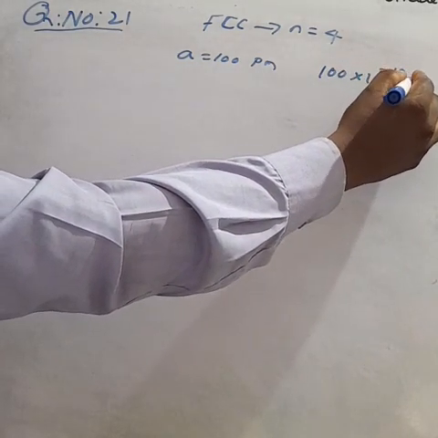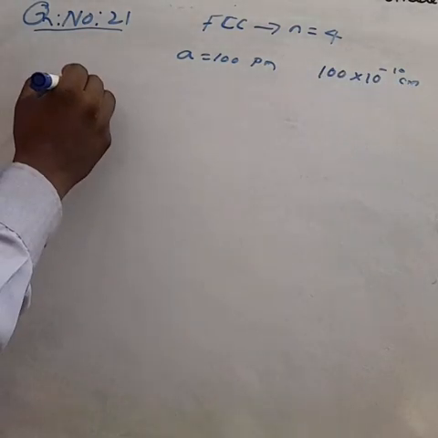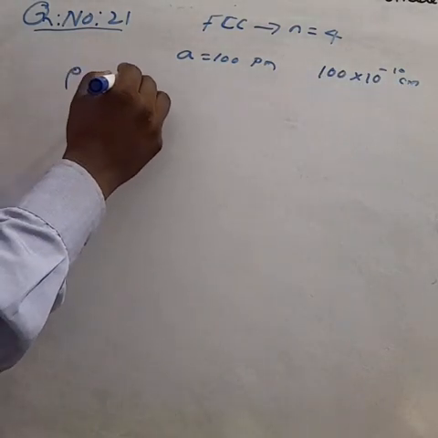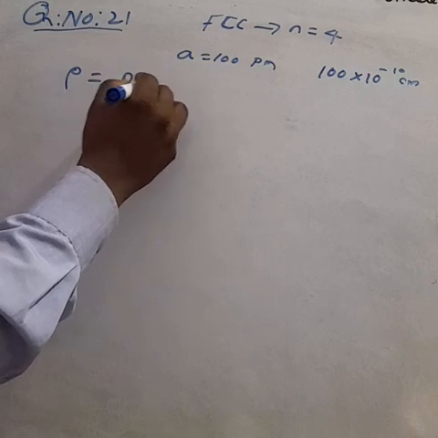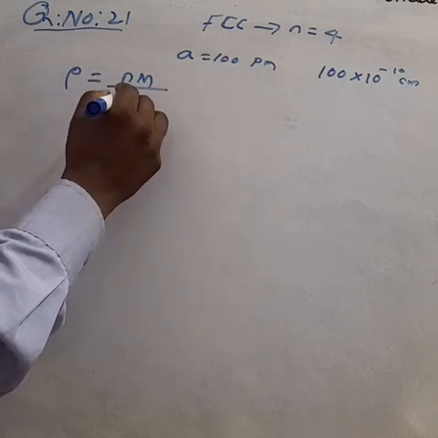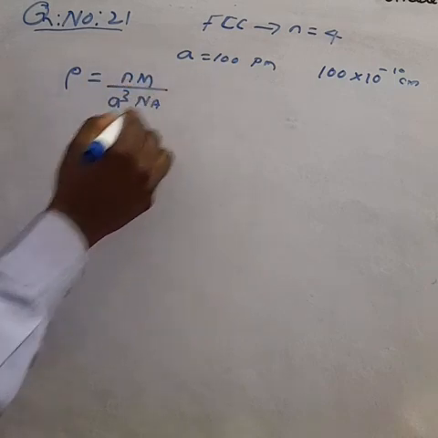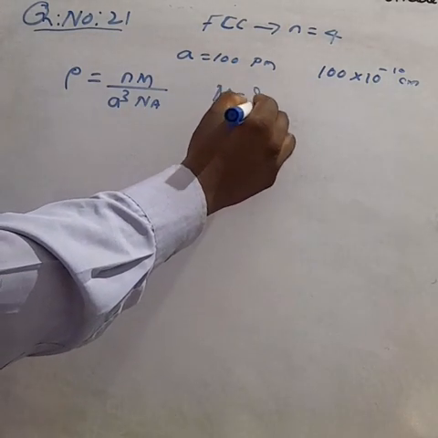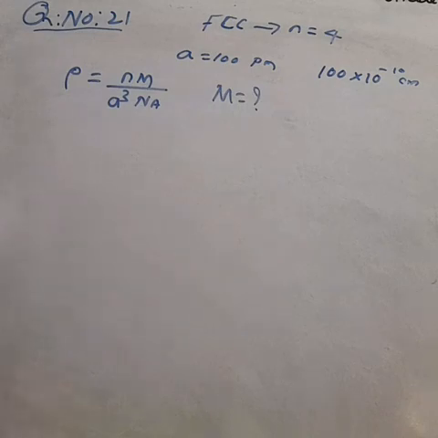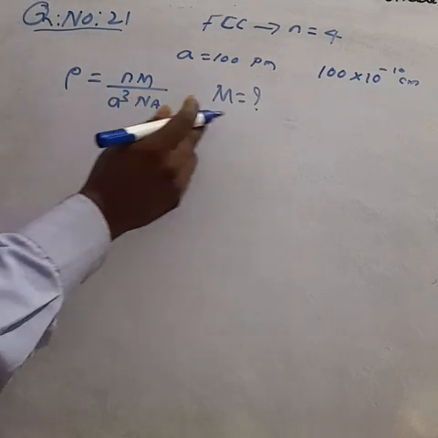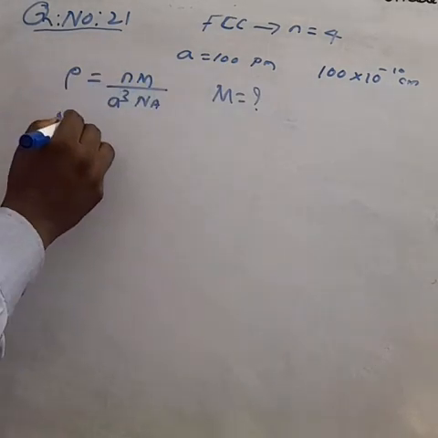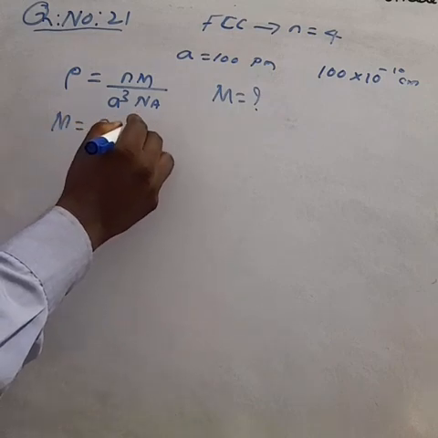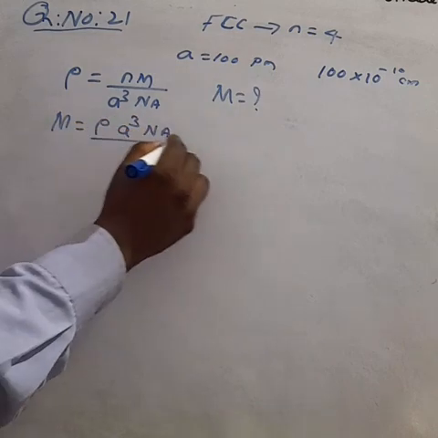We know the density rho is equal to n M divided by a cube Na. We have to find the molar mass M. So M is equal to rho a cube Na divided by n.